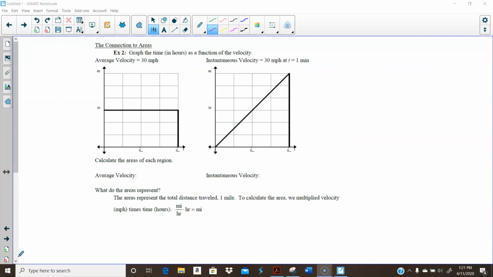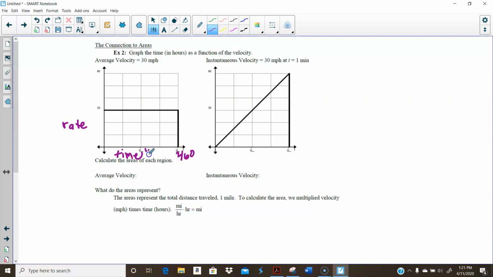Now let's make the connection to area. So we are going to go ahead and graph that story problem. We're going 30 miles per hour is the average velocity. And if we look at this graph, we'll have this be our time. And over here will be our rate. And so if she goes for 2 minutes, and again, this would be 2 out of 60.